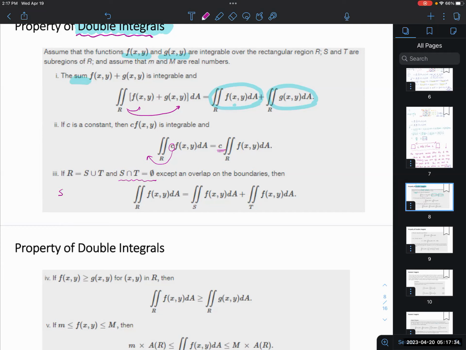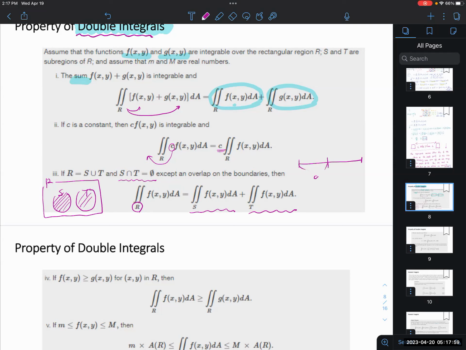They don't share anything. They're separate, independent intervals. Then you can find the integral over S, and the integral over T, and the sum is going to be the integral over R. So that's the relationship.